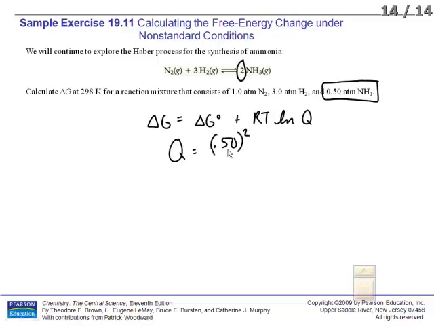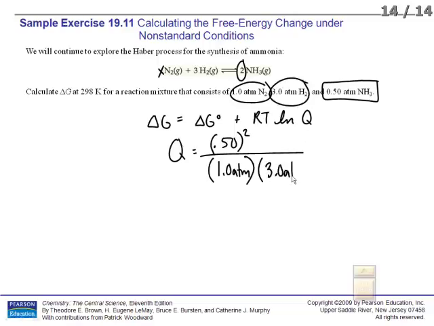Make sure you square it, over, let's do your nitrogen. Your nitrogen was 1 atmosphere, and no coefficient on your nitrogen, that's nice. And then your hydrogen is 3 atmospheres, but then you've got a coefficient of 3, so you've got to make sure you do that. So let's go ahead and calculate the value of your Q.